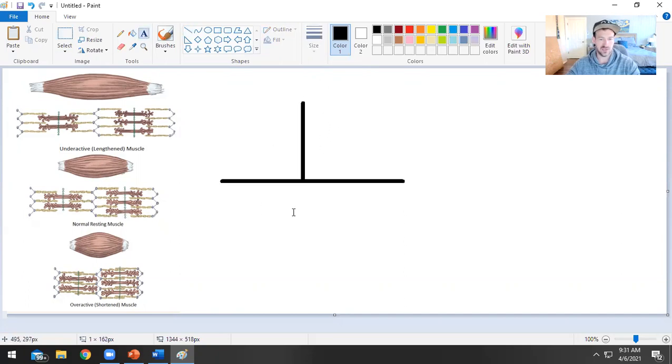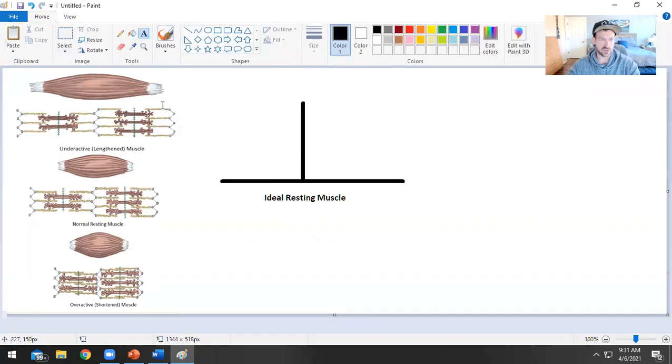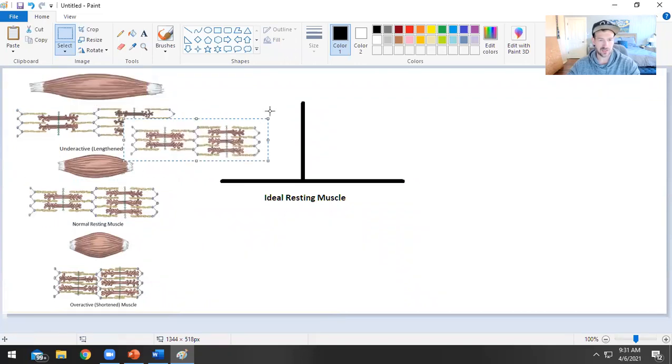We'll say it's an ideal resting muscle, and all these are ideal examples. That's what we're seeing in this version. Actually, we'll do the sarcomere version. We'll take this and put it right here.